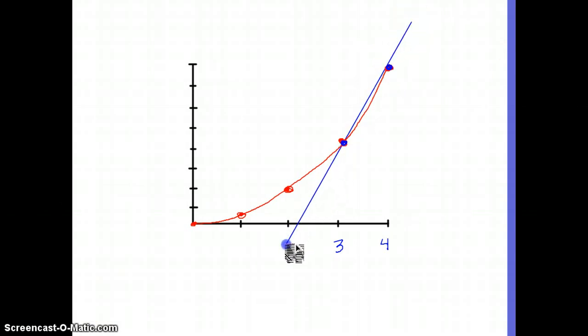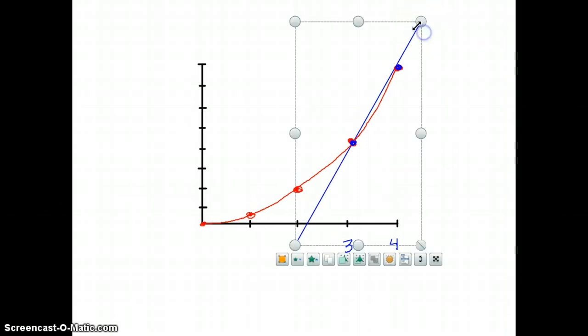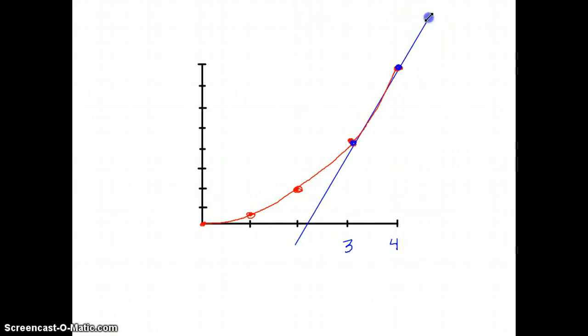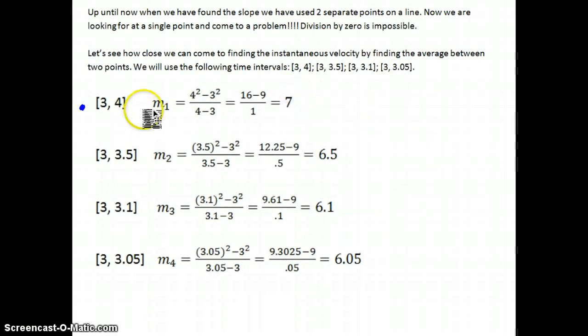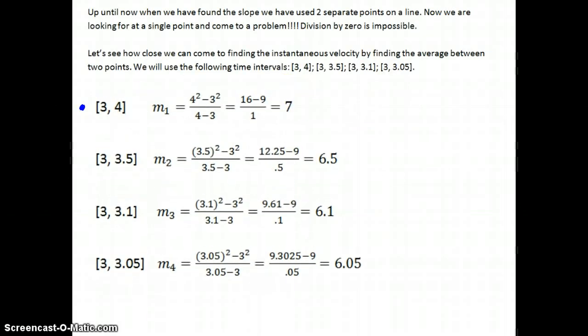And this line here, as we see from the previous slide, has a rate of change of 7. We have a rate of change of 7. But we could get a better idea of what the rate of change is at 3.